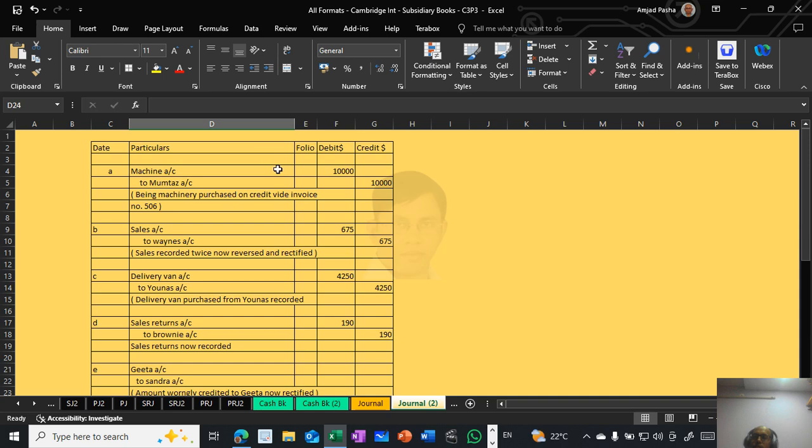Here the debit should be in the debit column and the credit in the credit column. Machine account debit, Mumtaz account credit; sales account debit, Wayne account credit; delivery van account debit, Yunus account credit; sales returns account debit, Brownie account credit; Geeta's account debit, Sandra's account credit.